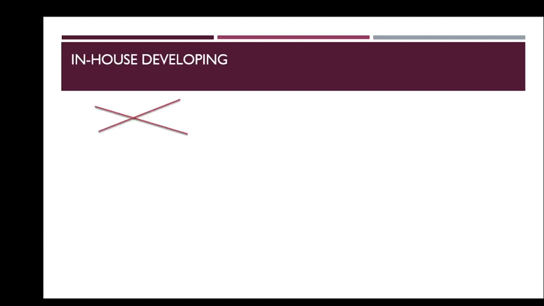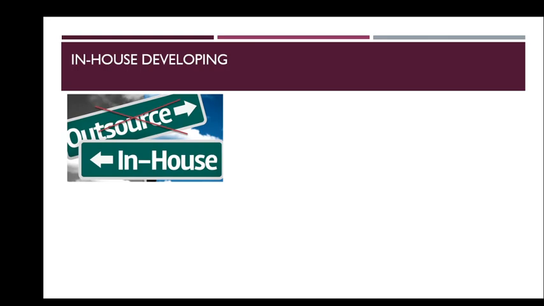Now let's start off with understanding in-house development. Just like the word itself says, in-house, inside the house. In-house development has to do with you developing the software yourselves, meaning the organization might have an IT sector and they develop the software in the house.